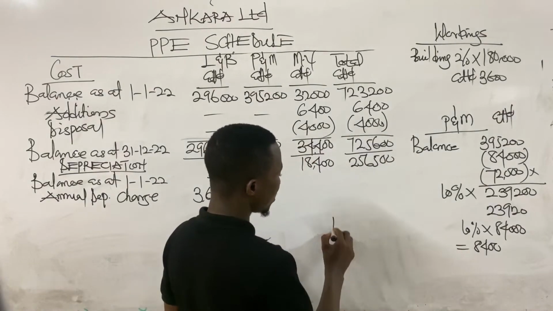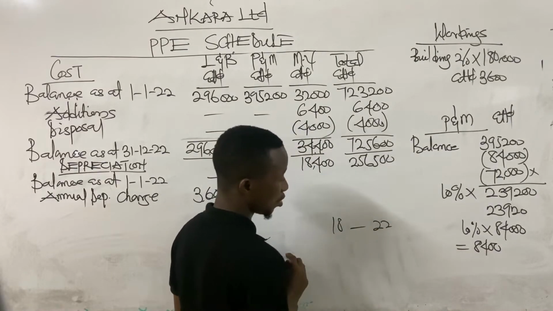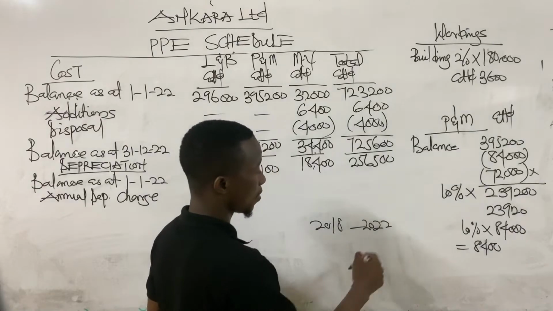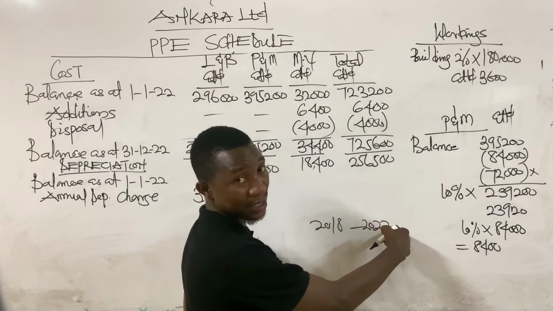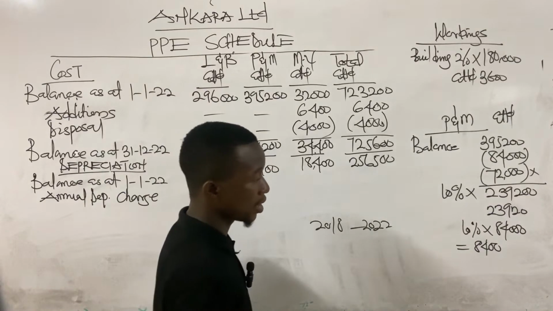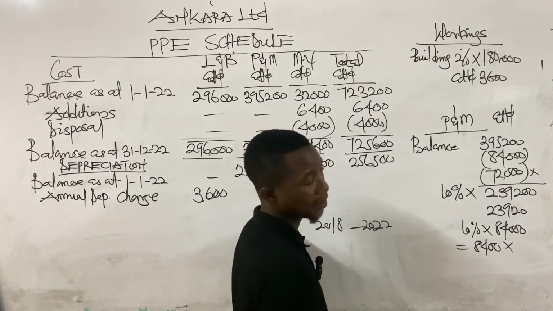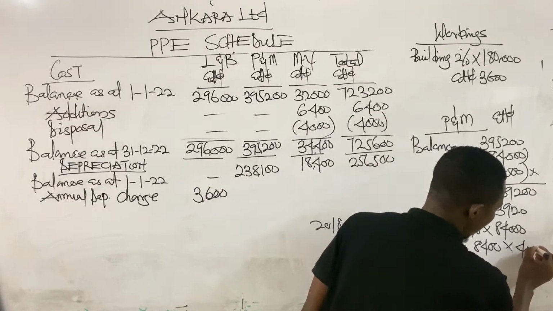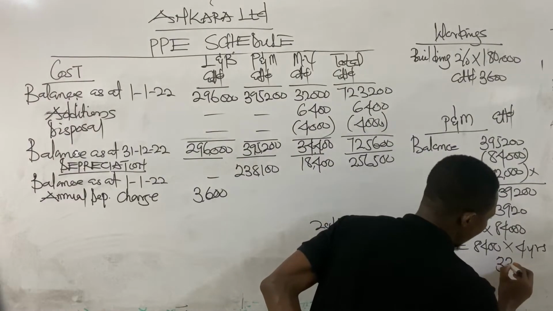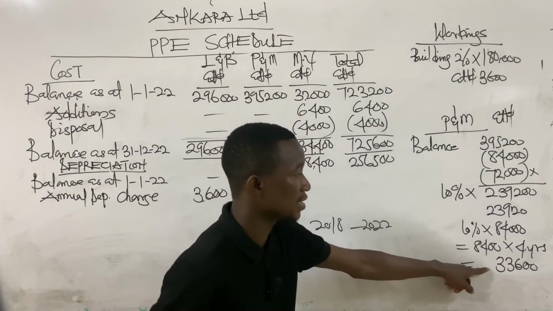So from 2018 to 2022, that is at the beginning of 2022, 1st January 2022, that is 4 years. So to determine the accumulated depreciation, we multiply it by 4 years, and this will give us 33,600 as the accumulated depreciation.